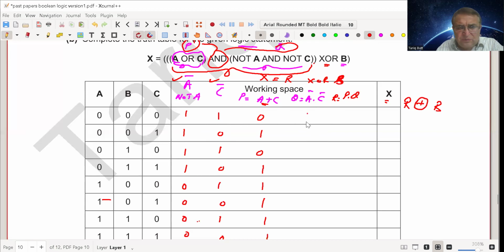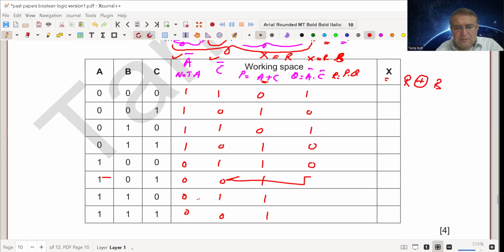So 1 into 1 is 1, 1 into 0 is 0, 1 into 1 is 1, 1 into 0 is 0, 0 into 1 is 0, then 0 into 0 is 0, 0 into 1 is 0, and 0 into 0 is 0. So you ANDed these two columns, and output is 1 where both of its inputs are 1. Here, here, and that's it.